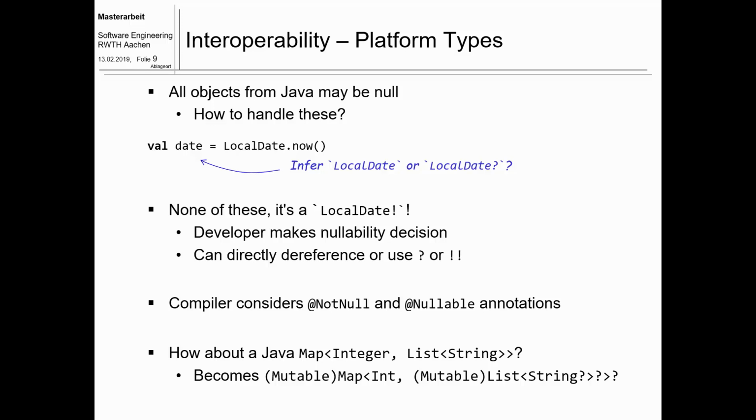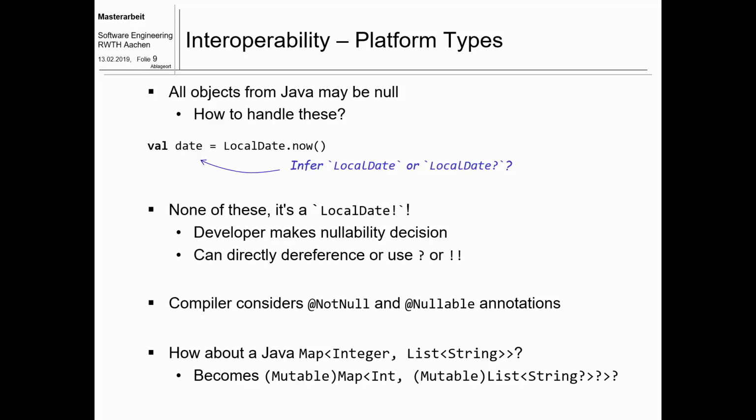So the developer now has to decide whether this method that they called from Java can return null or not. So the developer is supposed to know this, or at least make a judgment call. And of course, using the nullable type as the inferred type is always safe, but it's not as pragmatic because you have to deal with the nullability in your code.